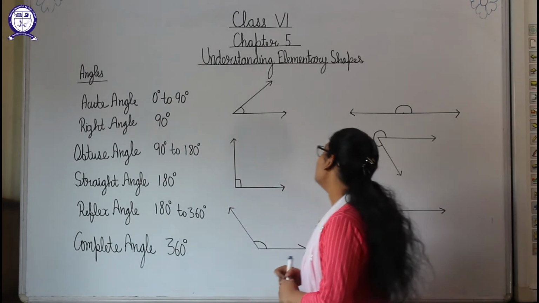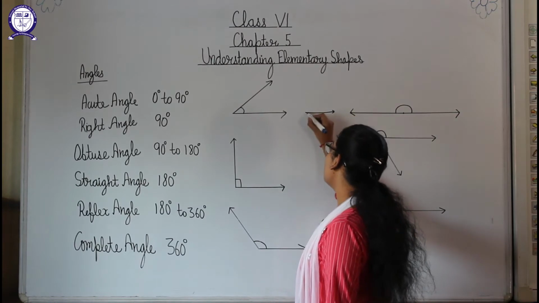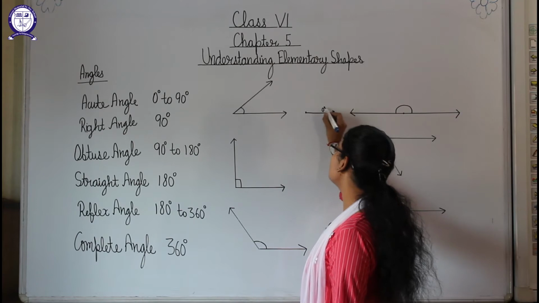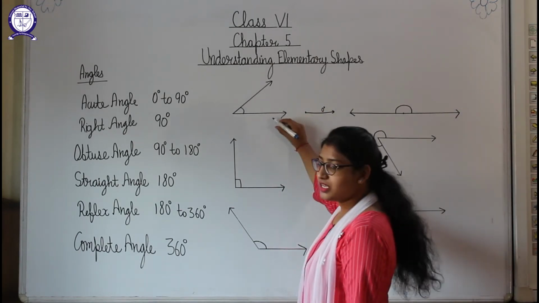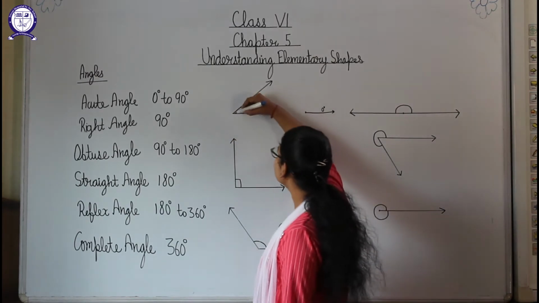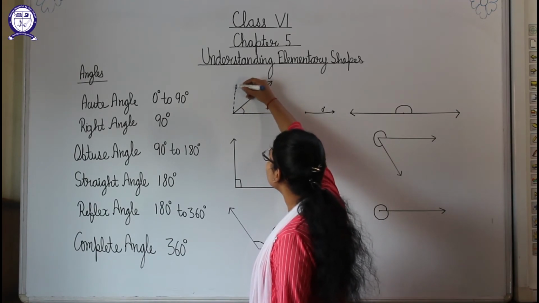You know 0 degree angles. Suppose this is a line here and this is 0 degree angle, meaning this is not forming any angle. So this line can be the 0 degree, and up to 90 degree. 90 degree means this one perpendicular line is the right angle.